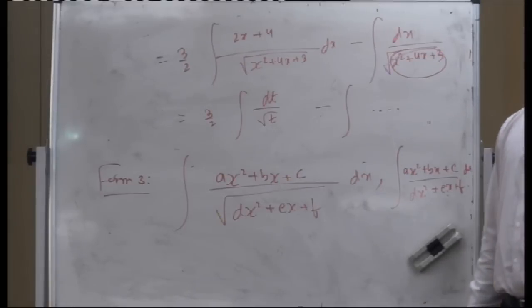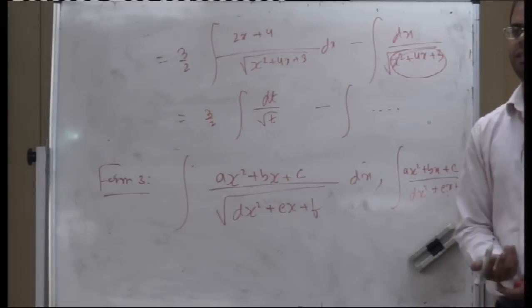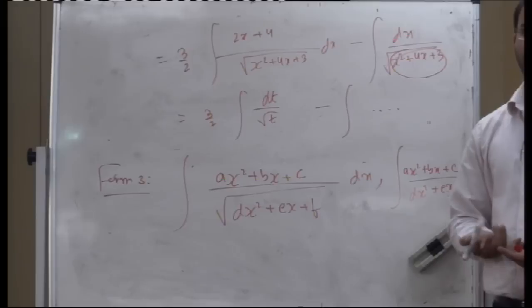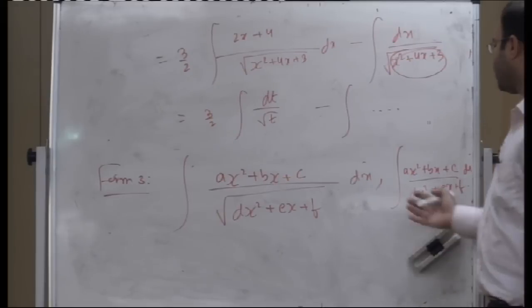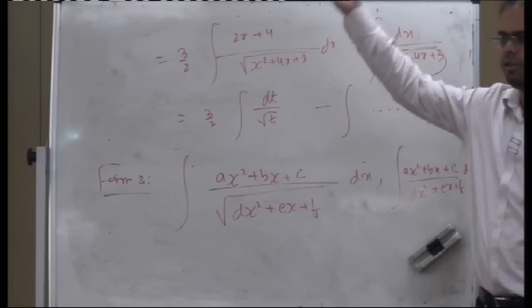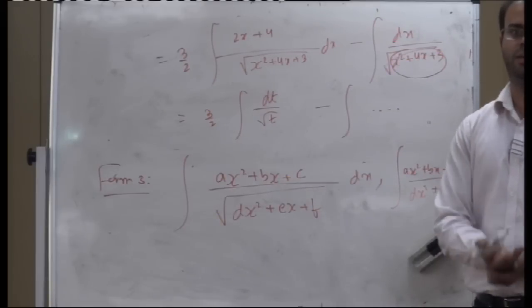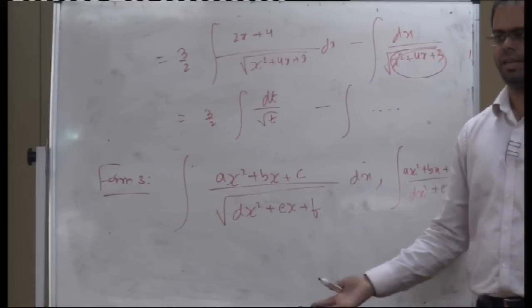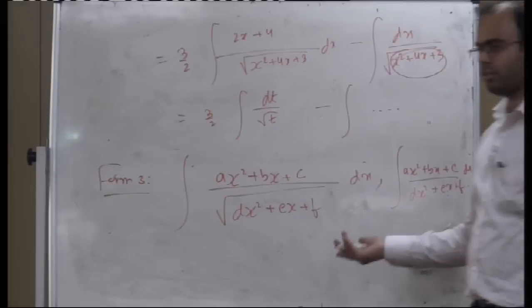Why are we not taking it without a square root in the multiplication? Because there is no form in that. It is a very simple case. We will take it without a square root in the multiplication in either of those forms. That will be simply done by x to the power n plus 1 by n plus 1. That is a natural power.